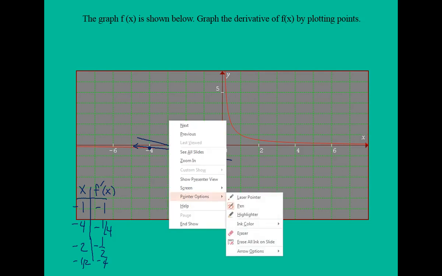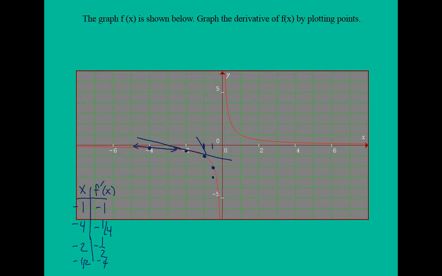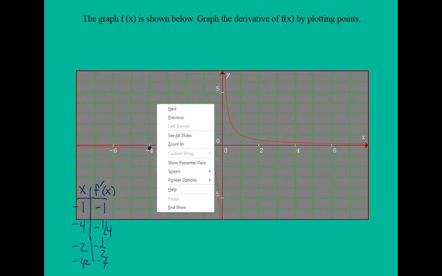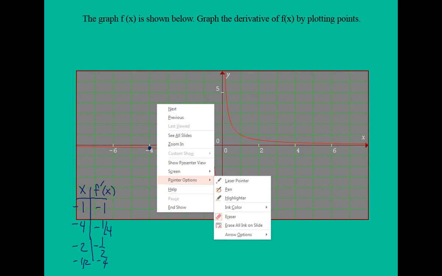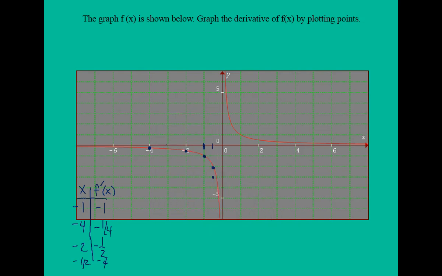So let me clean this up a little bit. So this is the process. We would look at different x values and calculate the slope of the tangent line, or estimate the slope of the tangent line, and then we'll draw a smooth curve through those points.